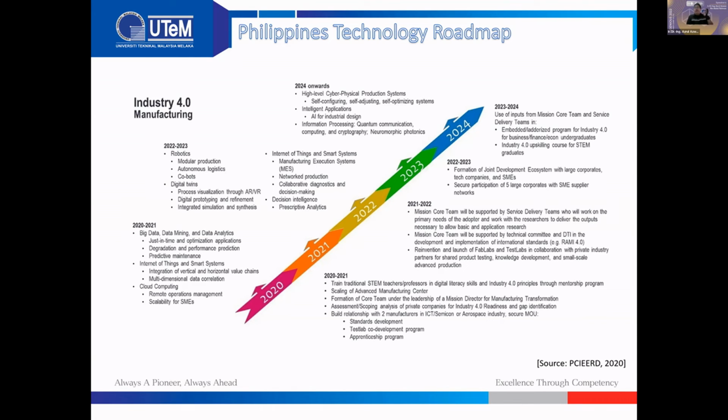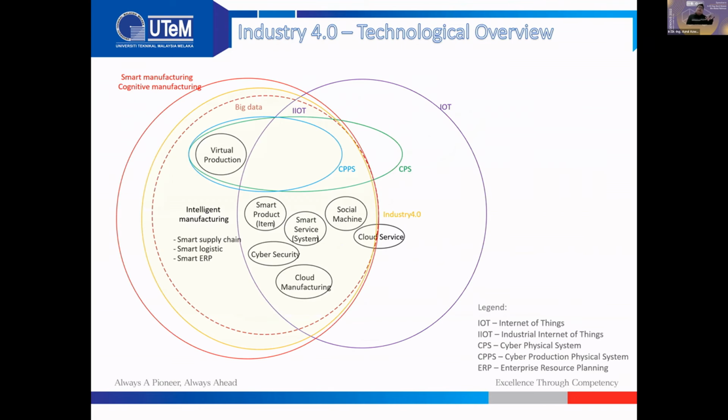But anyway, whenever you're looking at Industry 4.0, smart manufacturing, smart factory, there are a lot of buzzwords or keywords that you need to understand a little bit. So my team, some of the researchers working on Industry 4.0 in my university, tried to map what exactly is meant by big data. Is it covered by smart manufacturing and Industry 4.0?